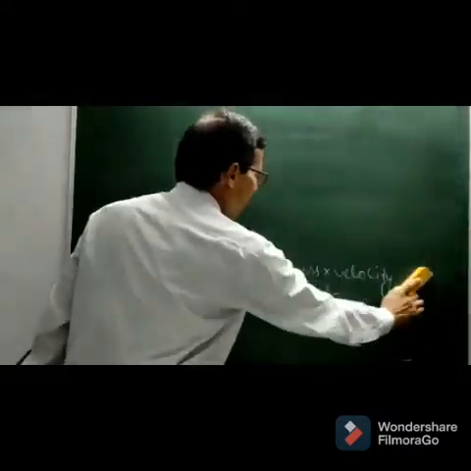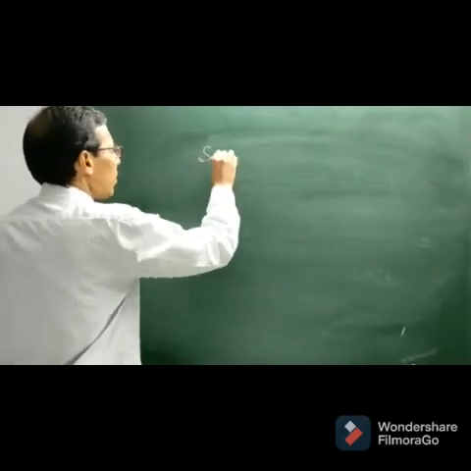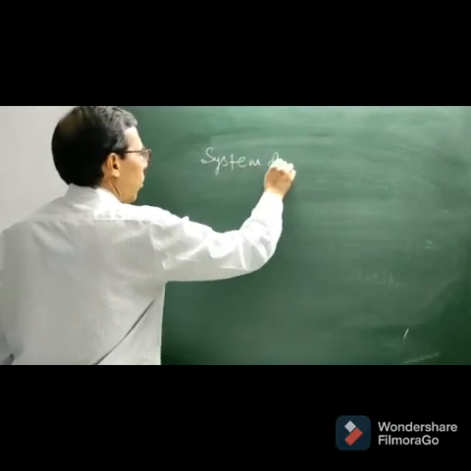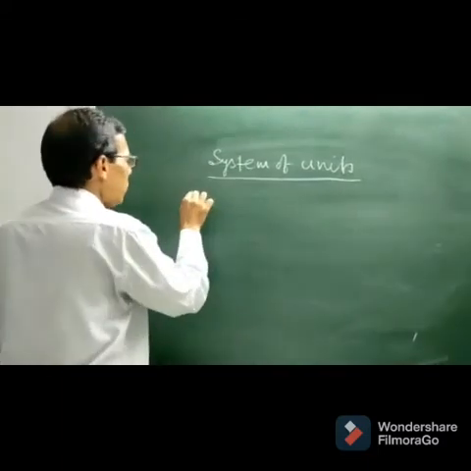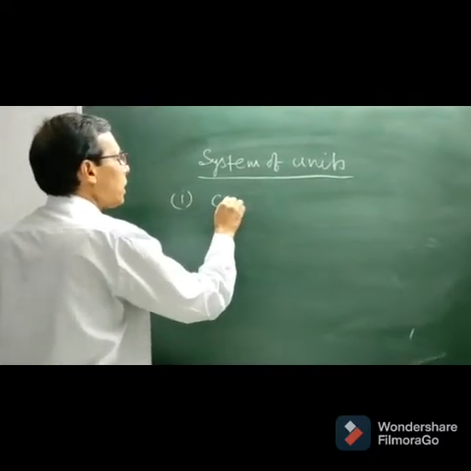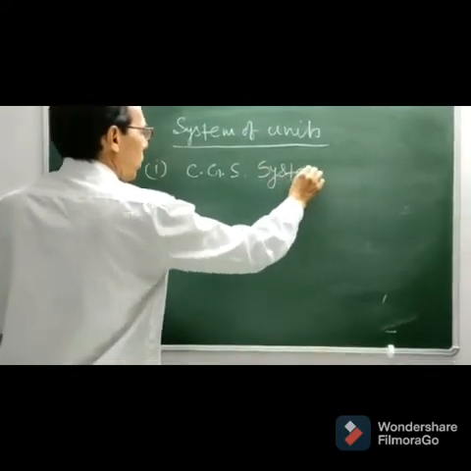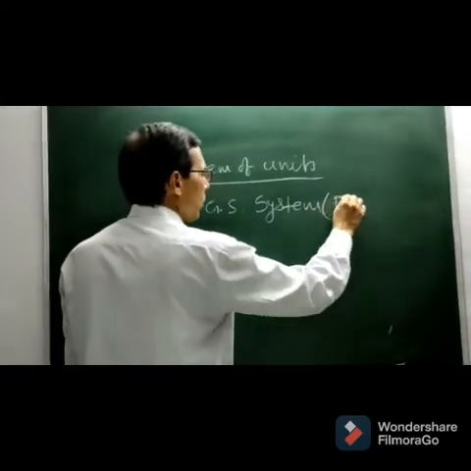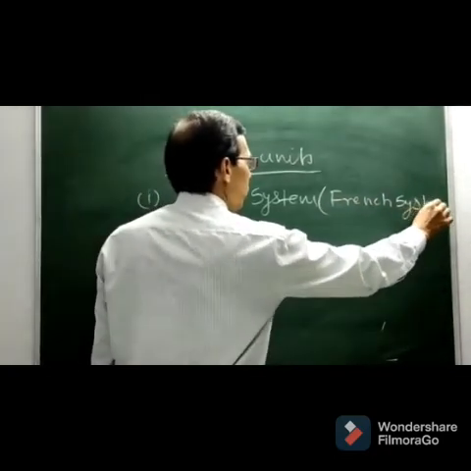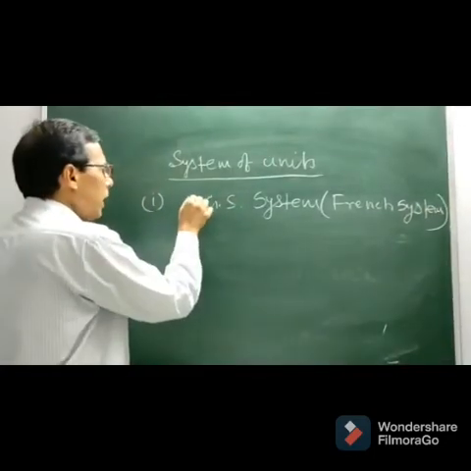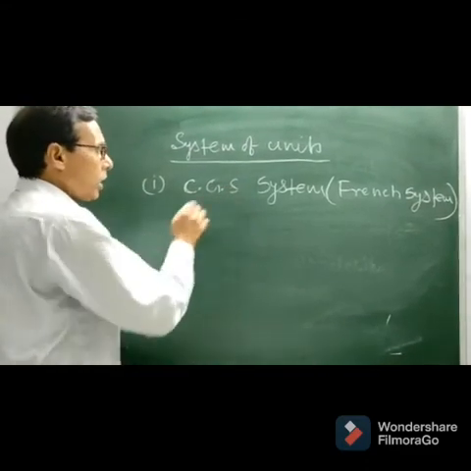Now there are different systems of units. First one is the CGS system, that is also known as French system. C stands for centimeter, G stands for gram, S stands for second.